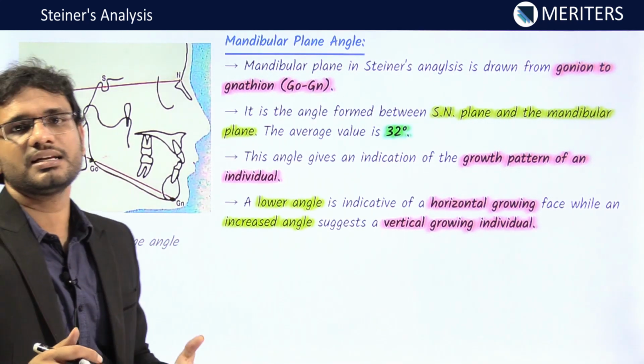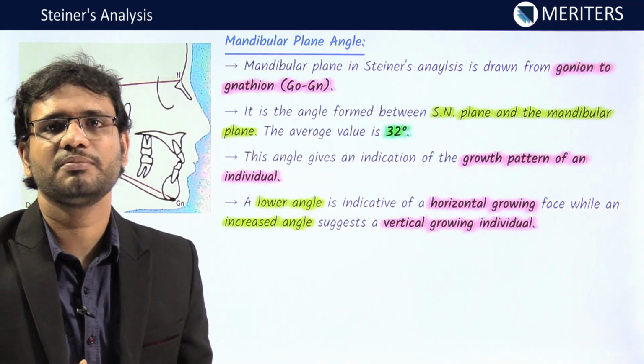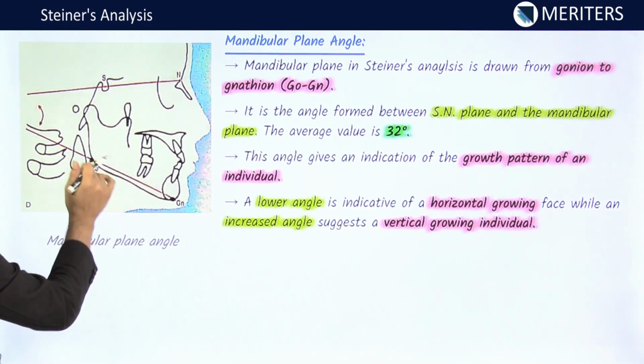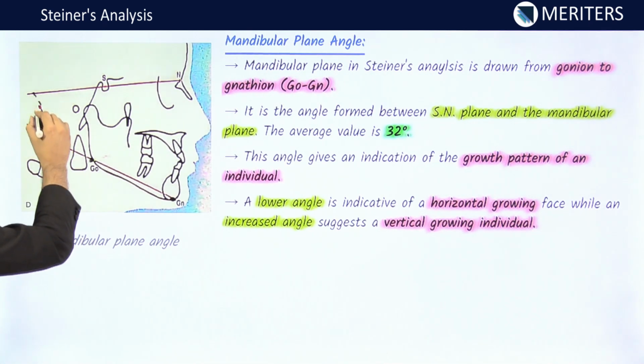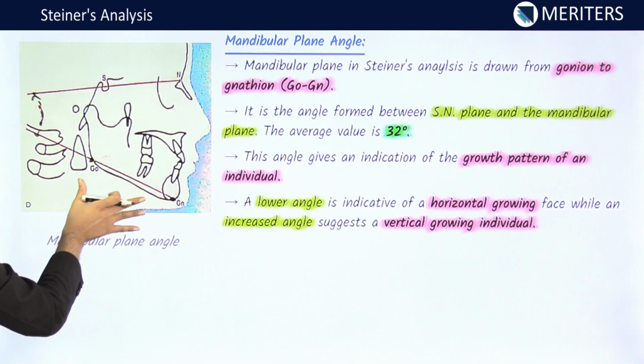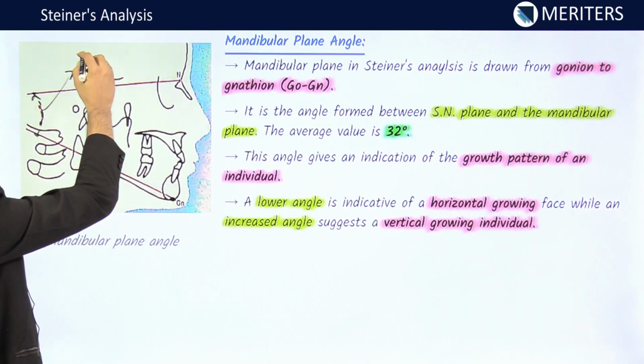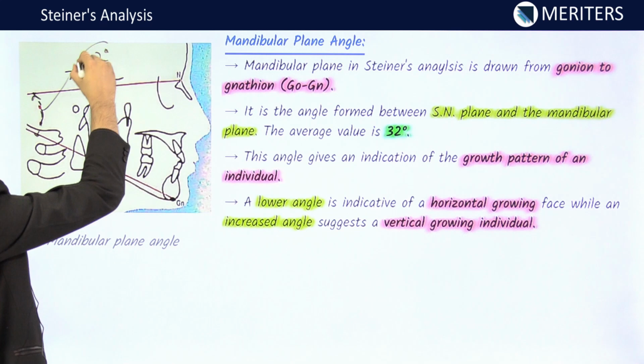For different analyses we use different planes as the mandibular plane. For Steiner's it is gonion to gnathion, right? So this particular angle between the SN plane and the mandibular plane is called the mandibular plane angle, and the value here is around 32 degrees.